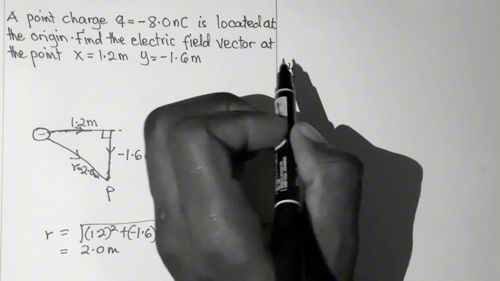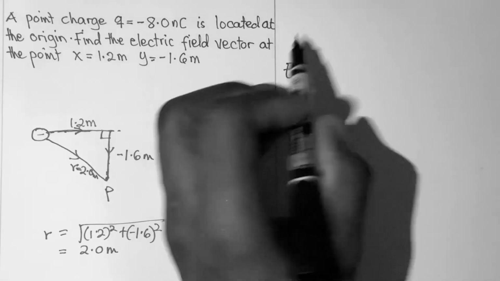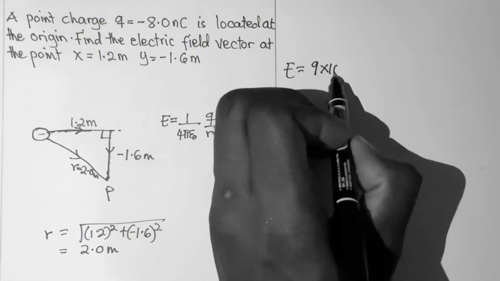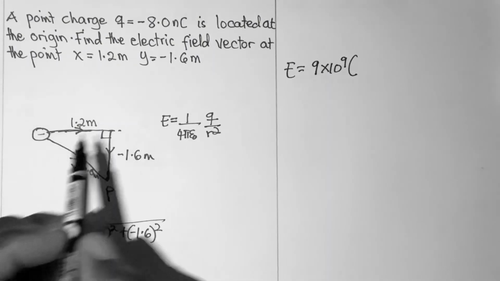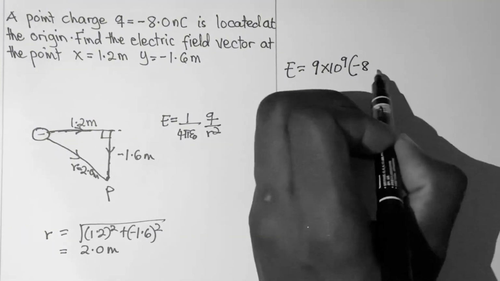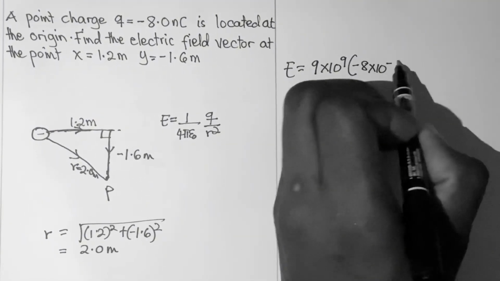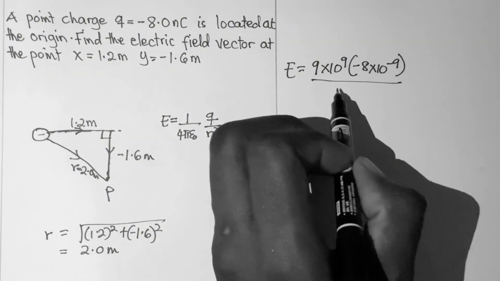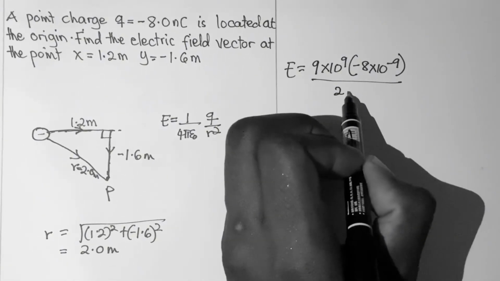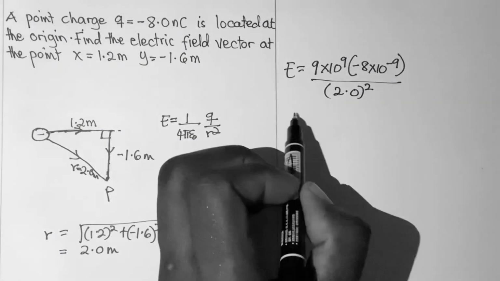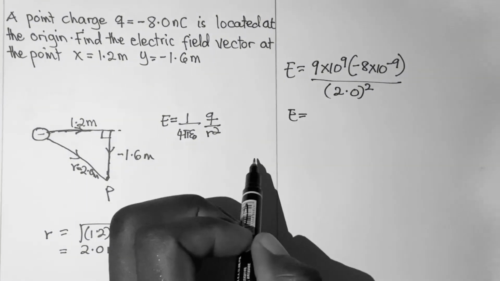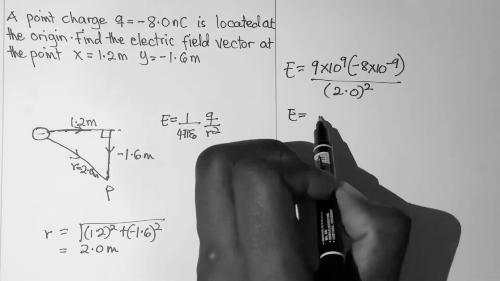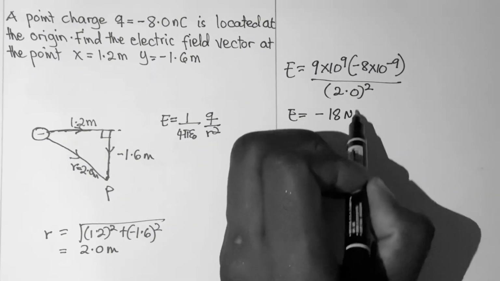So the electric field E is equal to, now 1 over 4 pi epsilon naught is the same as 9 times 10 exponent 9, times the charge, which is minus 8 times 10 exponent minus 9 coulombs, divided by the square of the radius. The radius is 2.0 meters, so it is 2.0 all squared. If you do this, the magnitude of the electric field is equal to minus 18 newtons per coulomb.